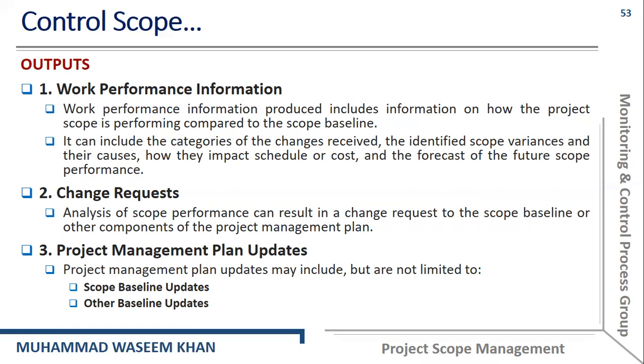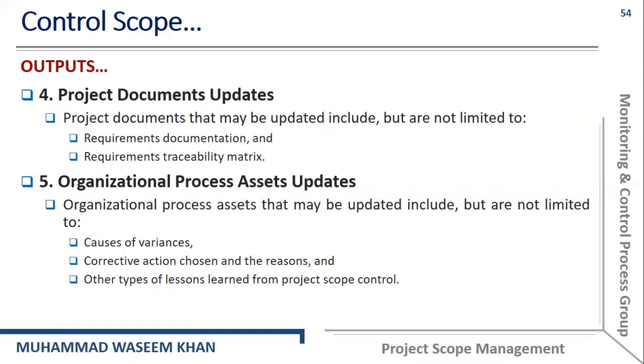We will update that, and we will update the other baselines as well. Another one is the project document updates. If you have made some changes, then you will have to update all of the relevant project documents. And similar is the case for organizational process assets. You will have to update those as well.